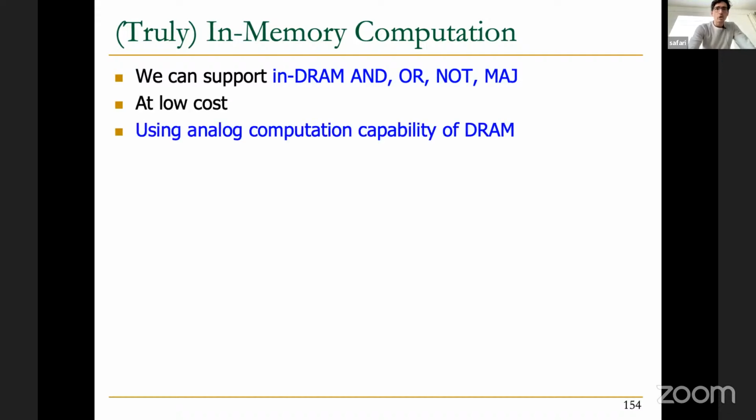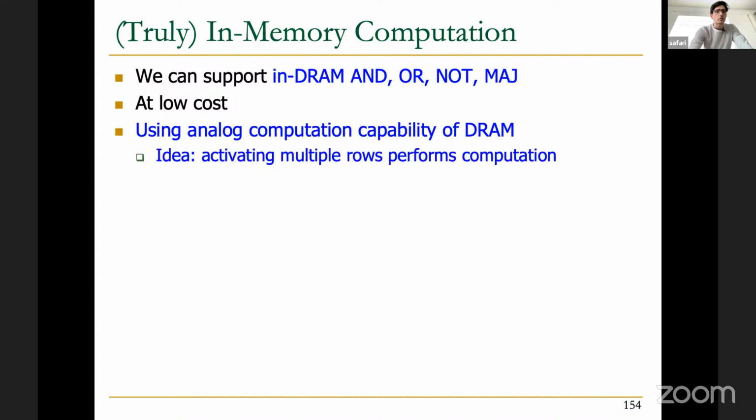More recent work showed that we can take advantage of the analog computation capability of DRAM and perform bitwise operations, things like AND, OR, NOT, majority, by activating multiple rows in DRAM at the same time.